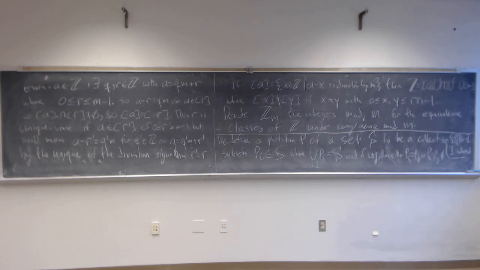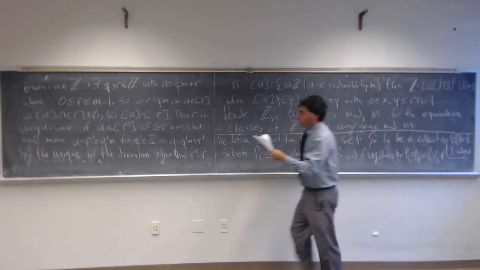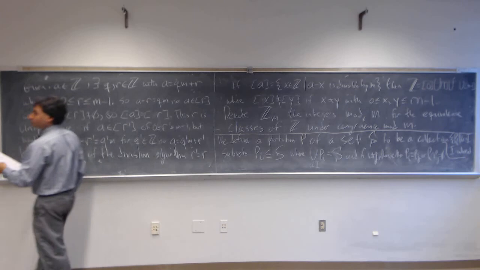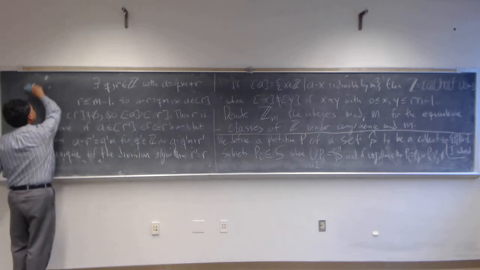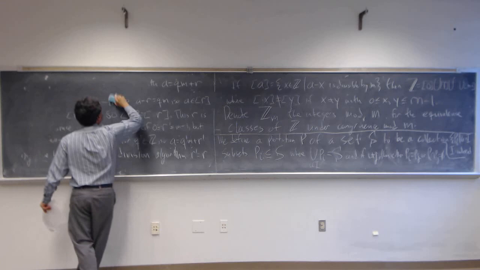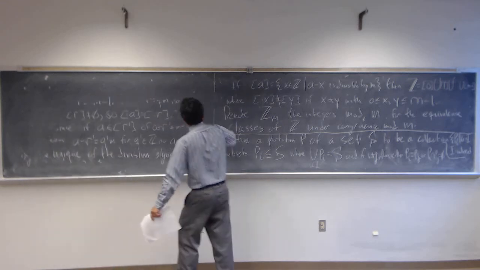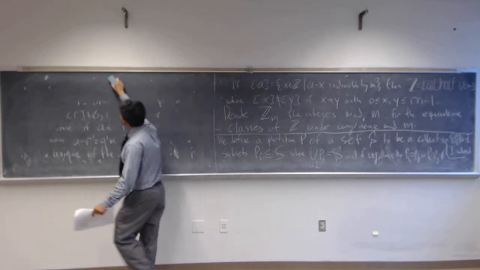So that's a partition. So really, the integers mod m is a way of partitioning the integers into m disjoint equivalence classes. It turns out an equivalence relation gives us a partition, and all partitions give us an equivalence relation.